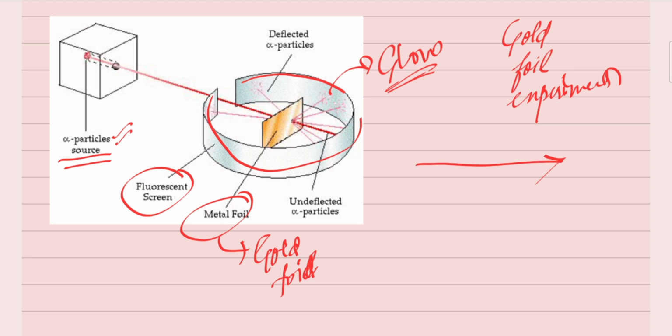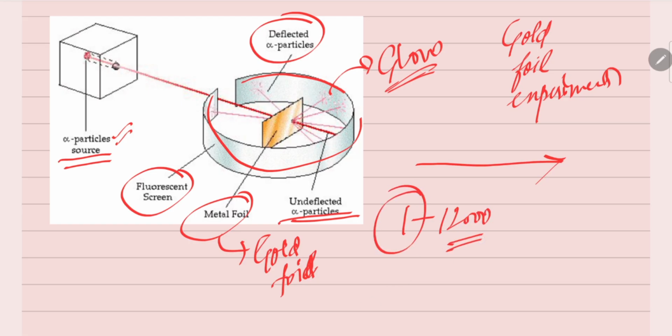So what happened was that the maximum alpha particles actually traveled in a straight line. Okay, they were undeflected particles, and there were few which were deflected particles, very few. And 1 out of 12,000 alpha particles were actually bounced back at 180 degrees.